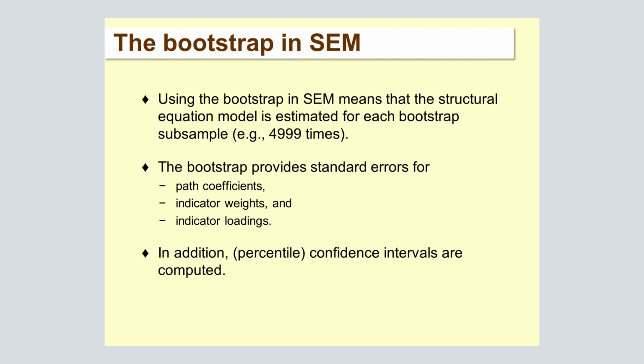In that way, one gets empirical bootstrap standard deviations, and these standard deviations can be interpreted as standard errors of the parameters. This is possible for the path coefficients, the indicator weights, and the indicator loadings. In addition, one can also construct percentile confidence intervals.